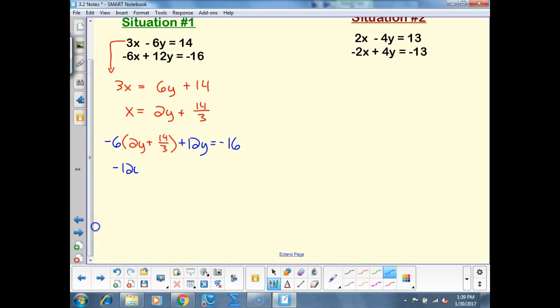Negative 12y plus, nope, that shouldn't be plus, it's going to be negative. Oh, tap the brakes. Big old eraser. Negative 6 divided by 3 is negative 2, times 14 is negative 28.